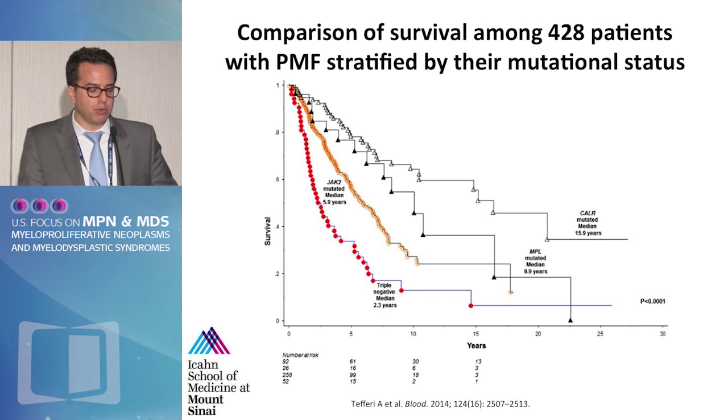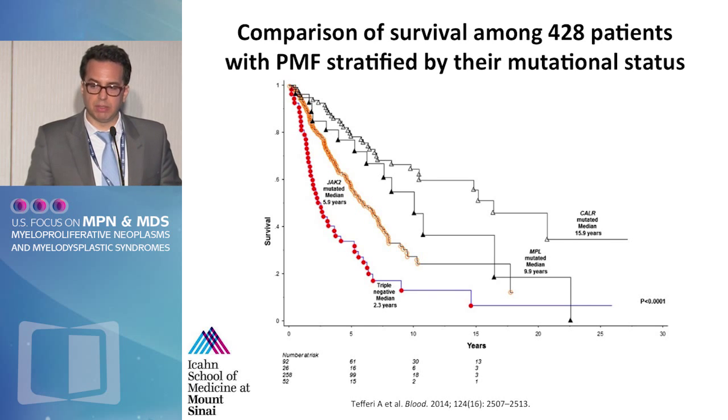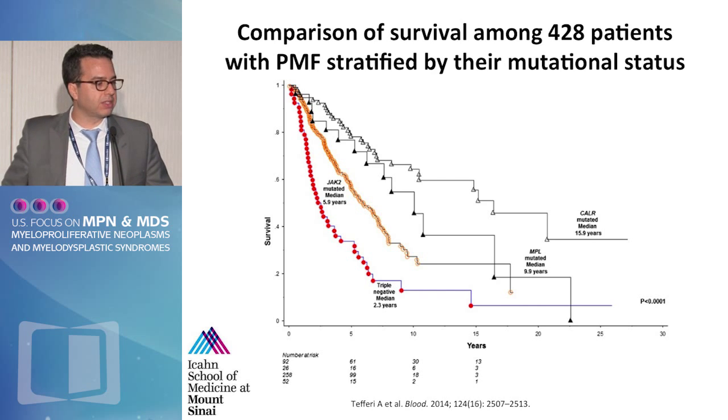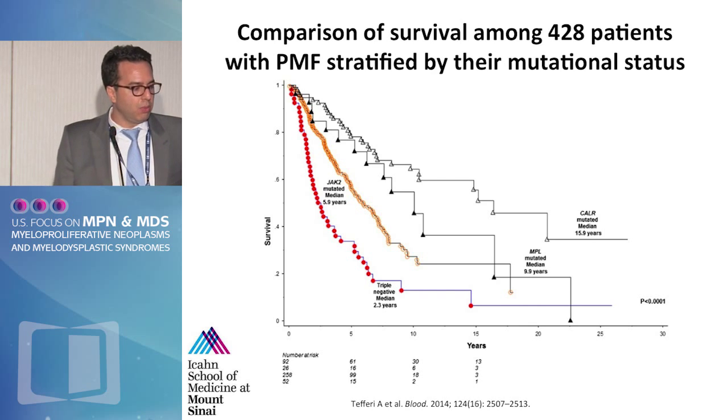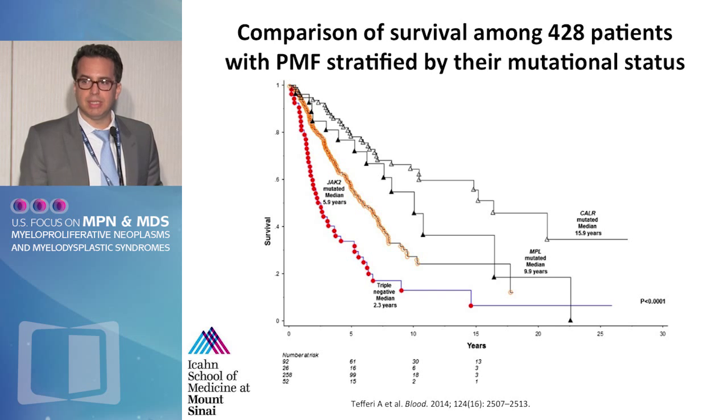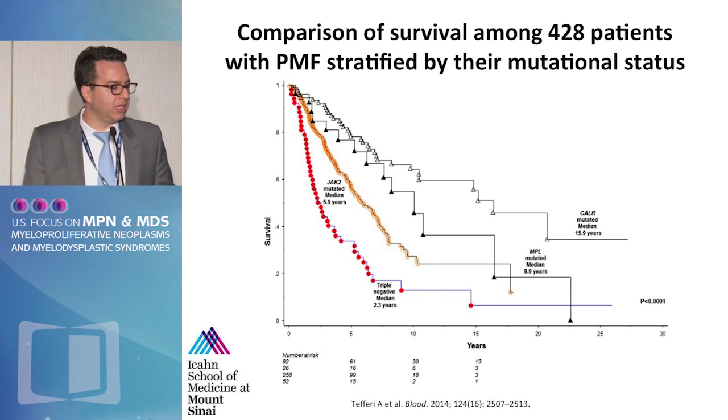I'm not going to spend a lot of time going over this because this has been done previously and is not really the focus of my talk, but Dr. Tefferi and others have looked at how mutation, or specifically driver mutation status, affects leukemic transformation rates. So one of the things that's been talked about previously at a number of different talks given today is the fact that calreticulin mutation is a good prognostic marker and predicts for a better leukemia-free survival.